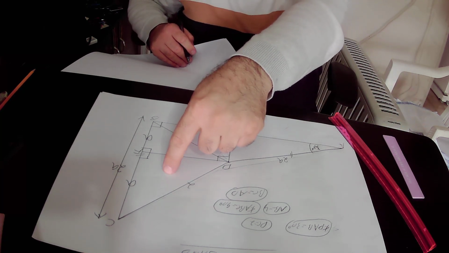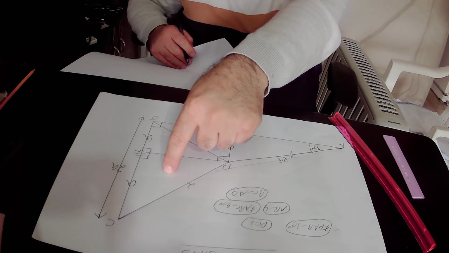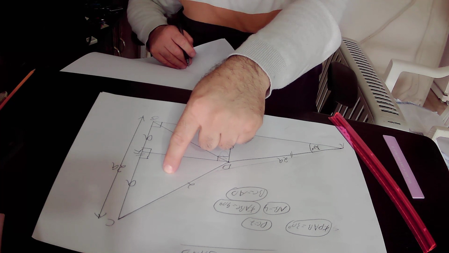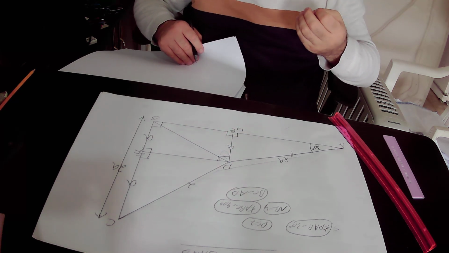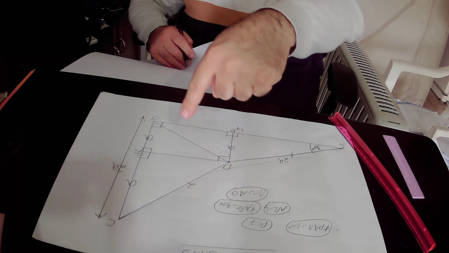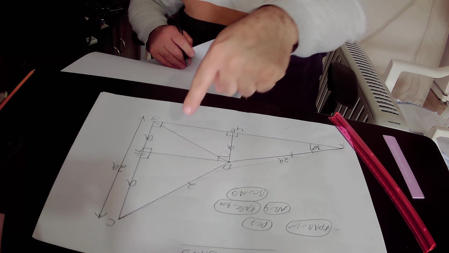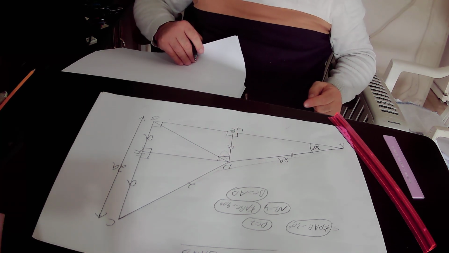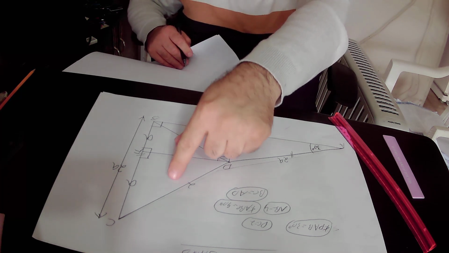So why can those two triangles go into each other? Actually, we want to prove that triangle CFD is congruent to triangle BFD. Okay, those two triangles can go into each other.